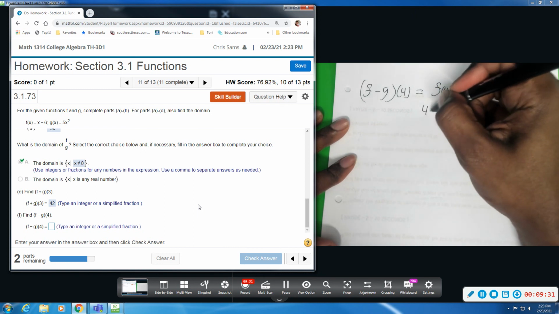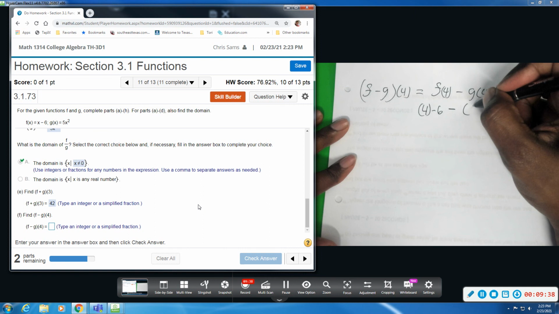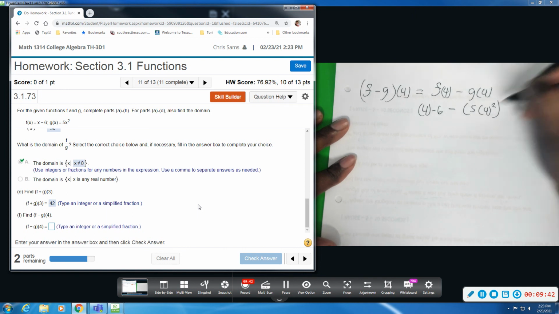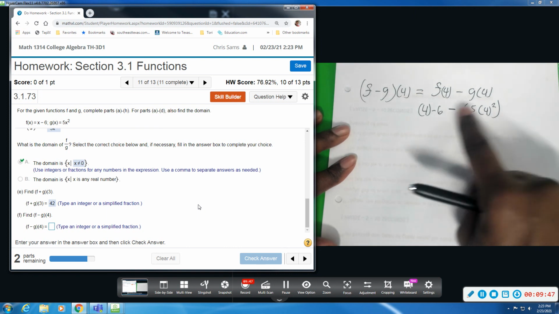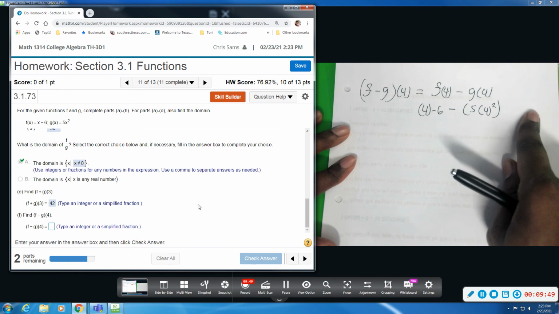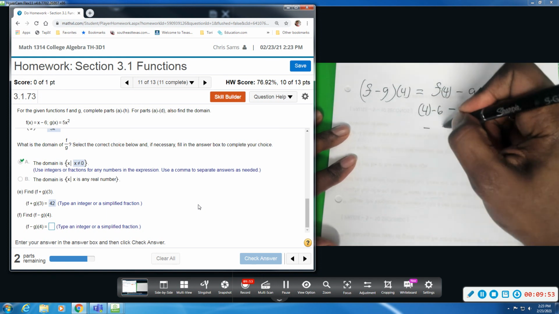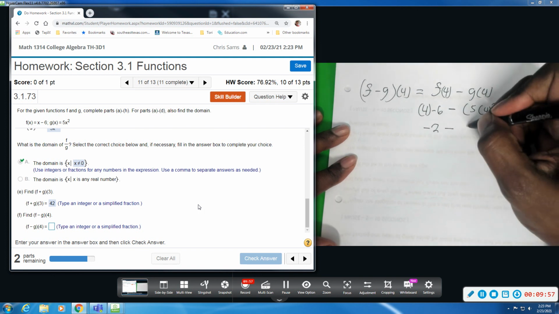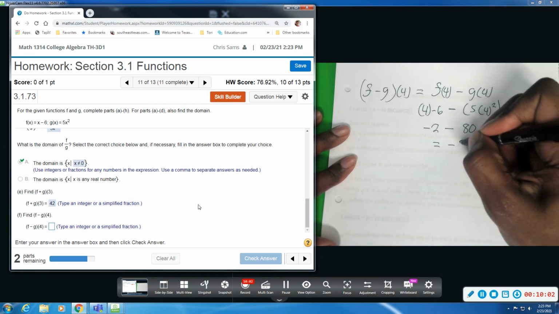So you plug in a 4 for your x's. 4 minus 6 minus 5 times 4 squared. I put it in parentheses in case there were more than one term on the g. You would have to change all the signs. So you got to be careful with that. So 4 minus 6 gives me a negative 2. Minus 16 times 5 is 80, so minus 80. And this gives us a negative 82.